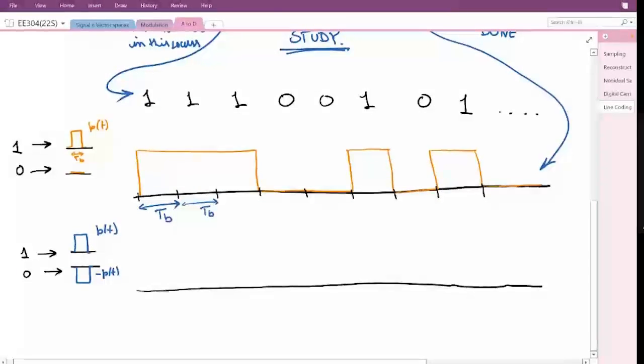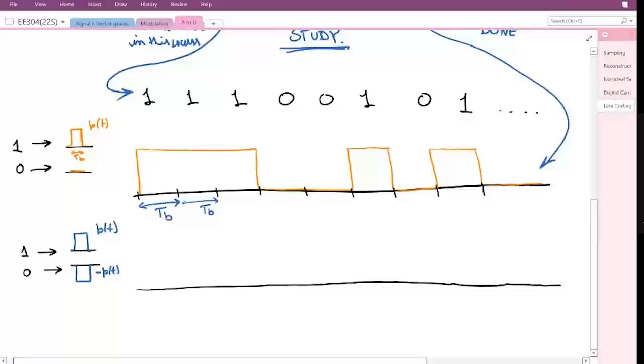How is the resultant signal going to look? The ones will give the same output, but the zeros will give a negative pulse.